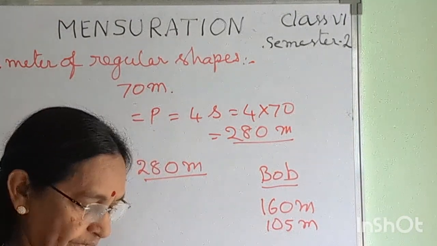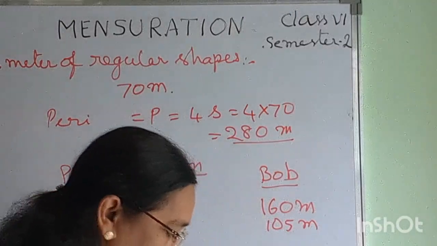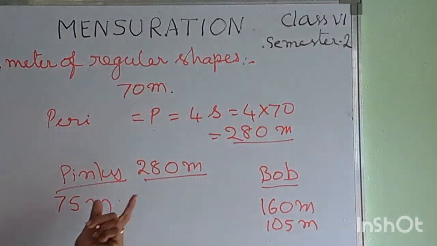Who covers more distance and by how much?